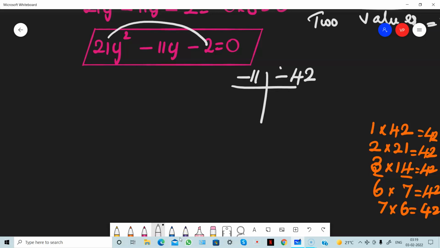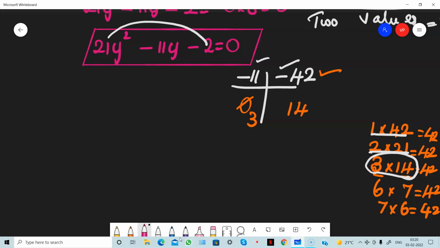And if you subtract, we want 11. Which pair gives 11 when you subtract? 3 and 14. When you multiply, it gives 42, and when you subtract, it gives 11. We choose the perfect one. Which one gets negative?